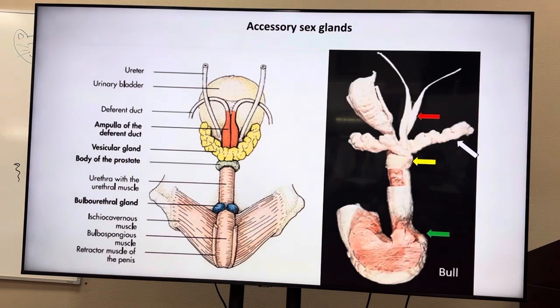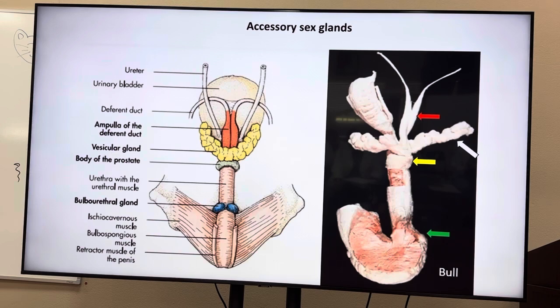What we would like to look at here is the accessory sex glands, and here we can have a table that tells us basically what is absent and what is present across different species of animal.